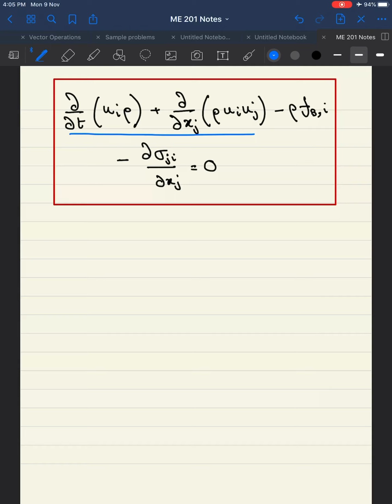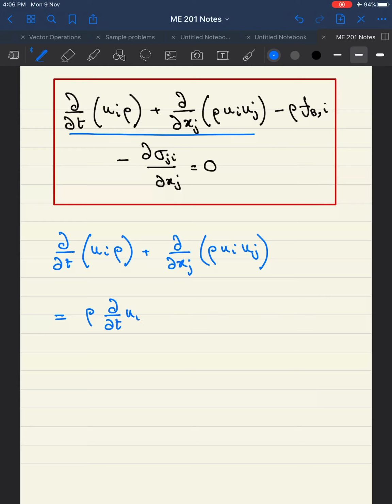Okay, so let's say we have del t of rho ui plus del xj of rho ui uj. Now what I am going to do is apply the chain rule and split this up. The first term I can split into rho del t of ui plus ui del t of rho.